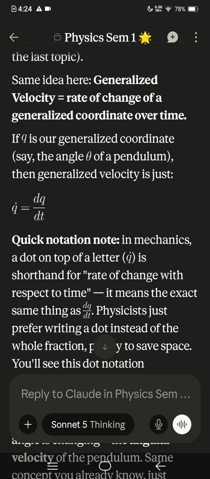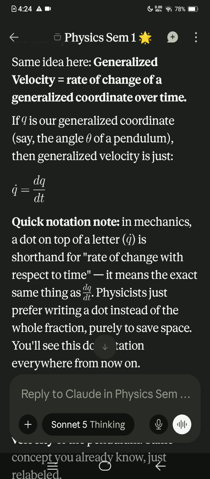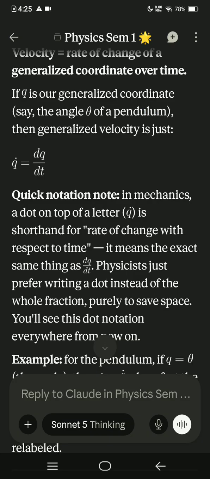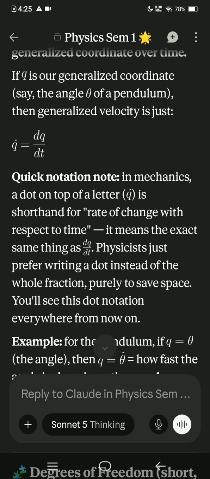If q is our generalized coordinate, q is representing position, right? So rate of change of position is velocity. Rate of change of generalized coordinate over time is generalized velocity. If q is say the angle theta of a pendulum, then generalized velocity is just d by dt of q.